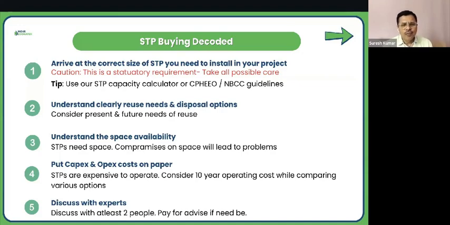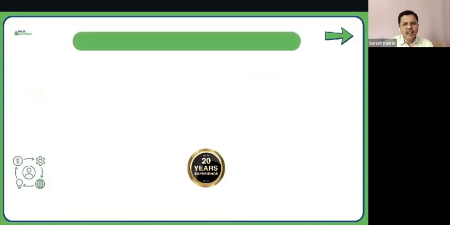So, you have to go to those experts, listen to them, and don't go to one expert. Go to 2 experts. Most likely, they will give you different opinion. But still, you take your call and ask them to give this kind of Excel sheet for whatever technology they are recommending. A 10-year projection for capital as well as operating cost.